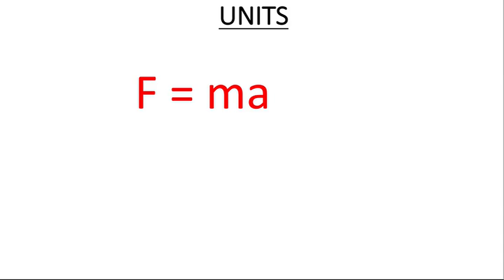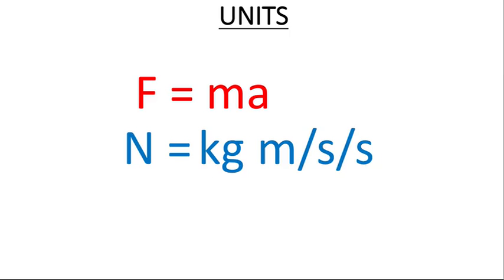Let's look for a moment at the units inside of this equation. Forces are measured in something called newtons. Mass is measured in kilograms, and acceleration is meters per second per second. By looking at this equation, I can see that the newton is actually equivalent to a kilogram meter per second per second.